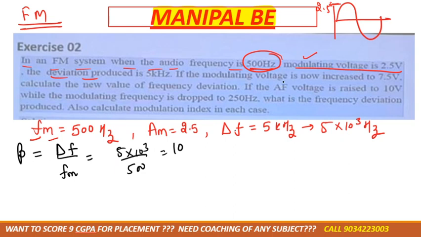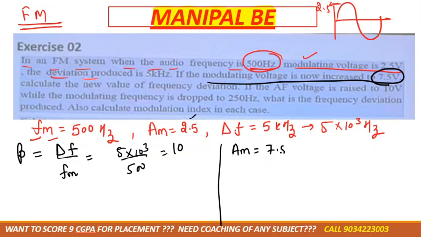Now in the next part, the modulating voltage is increased to 7.5. Earlier the modulating voltage was 2.5, now they have increased it to 7.5, correct? Now Am value is 7.5. They are asking to calculate the new frequency deviation, delta F. Understood?